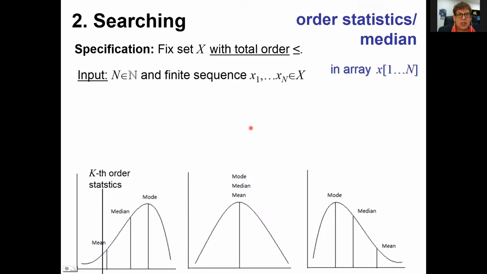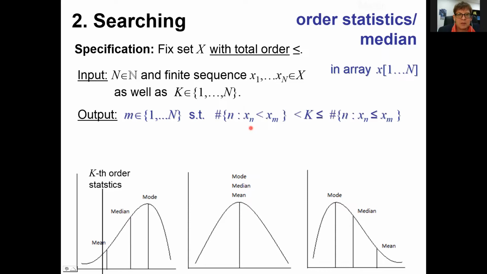The kth order statistic means that k elements are smaller and n minus k, the remaining elements, are larger. And depending on k, that recovers the median when k is equal to n over 2, but it also generalizes that and provides more information.